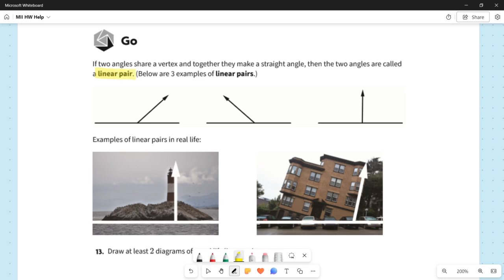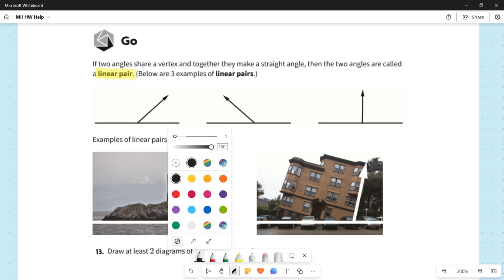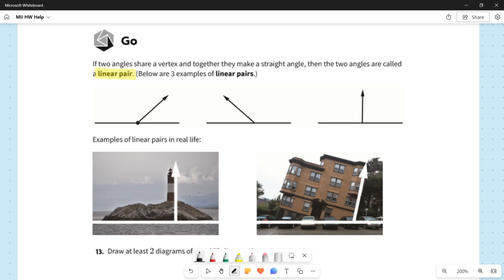So again, 2 angles share a vertex. So in the picture on the left, the vertex for each angle is right there, right? Let me just go ahead and do all of my vertices. So for the angle on the left, it's right there, and for the angle on the right, it's right there. So in both examples, they share a vertex. Same thing with the one in the middle.